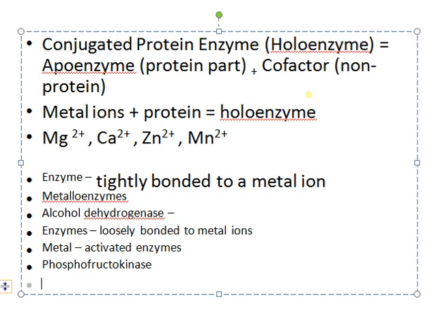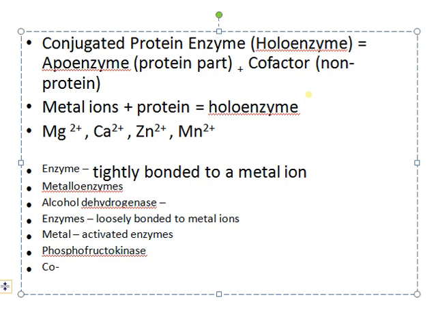There are certain exceptions in which the cofactors are found to be organic in nature. In certain cases only, cofactors are organic in nature, and in those cases they are called coenzymes. These cofactors are rather known as coenzymes.